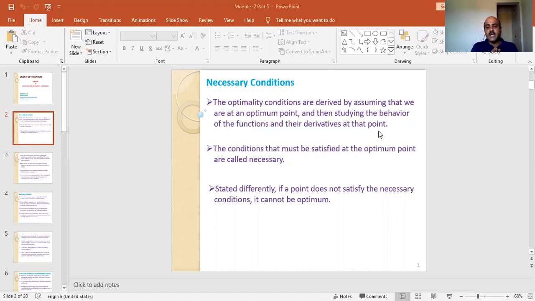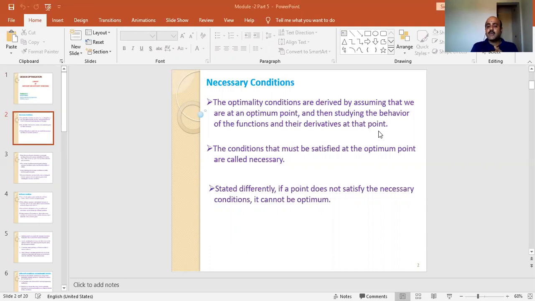Please remember this, whether it is a necessary condition or a sufficient condition. We study the behavior of the functions and their derivatives at that point.